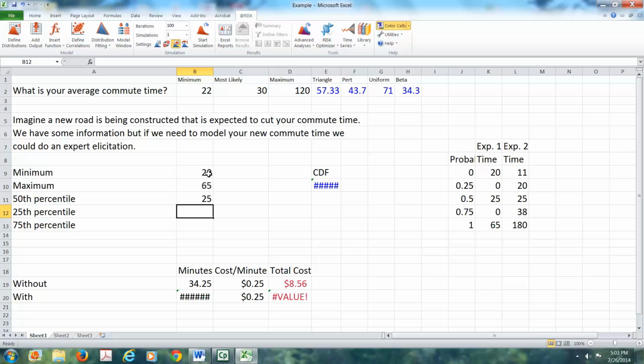There's a 0% chance it'll be less than 20, so we have 0 and 20, 50% and 25, and we're 100% sure it'll be 65 or less. So now what we're going to do is work with the interval from 20 to 25.